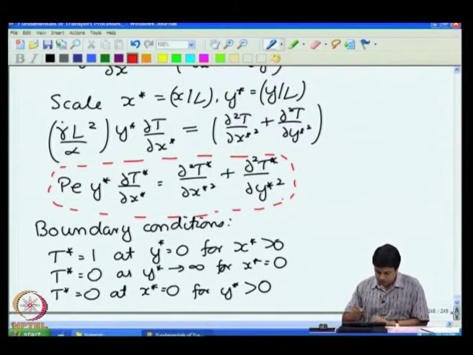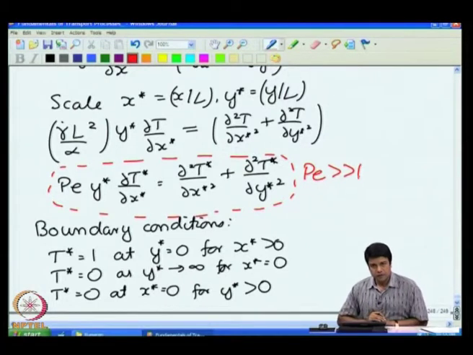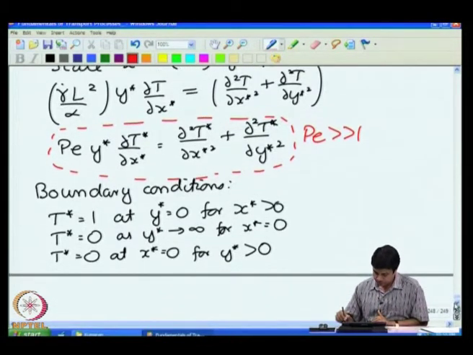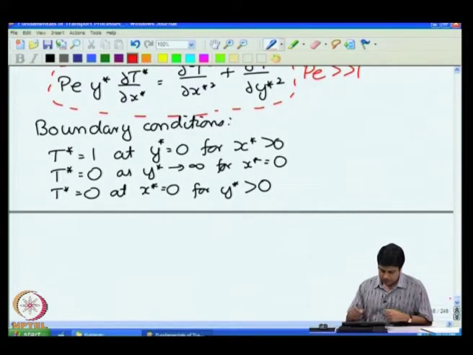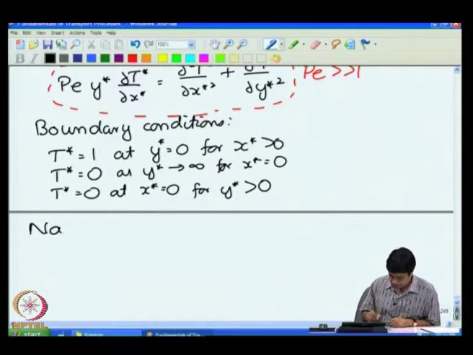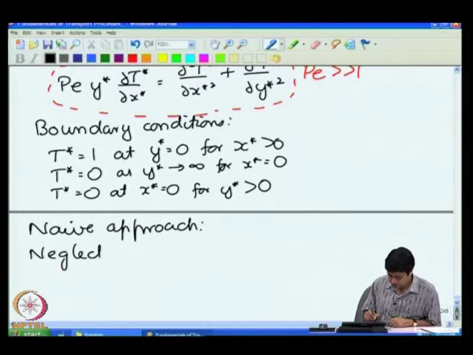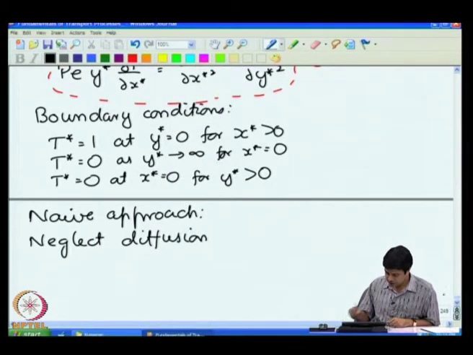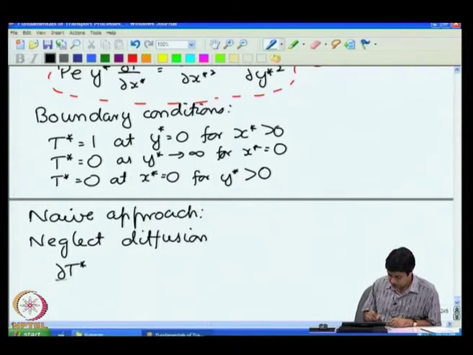In the limit where the Peclet number is large, so that we would expect convection to be dominant in comparison to diffusion, simplistically, we just neglect diffusion, and we will end up with an equation of the form dT star by dx star is equal to 0.